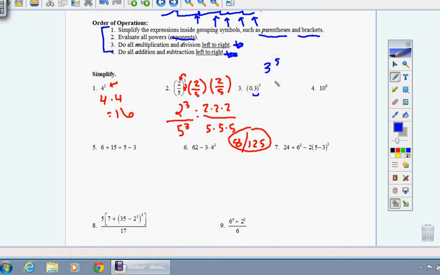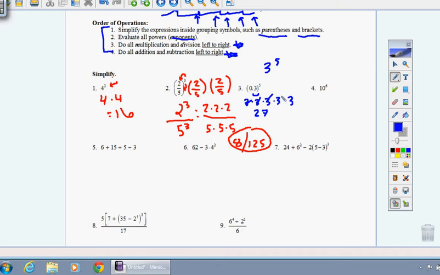That looks more familiar to us. So 3 to the 5th really means 3 times 3 times 3 times 3 times 3. Let's do that. Well, 3 times 3 is going to give me 9. 9 times 3 is going to give me 27.